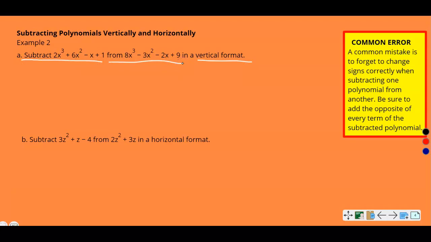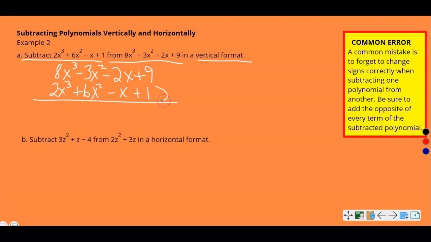So that means we're going to put the 8x cubed minus 3x squared minus 2x plus 9 on top, and we're going to subtract the first polynomial from this one. So we're going to do 2x cubed plus 6x squared minus x plus 1. All right, and we're going to subtract the whole polynomial.